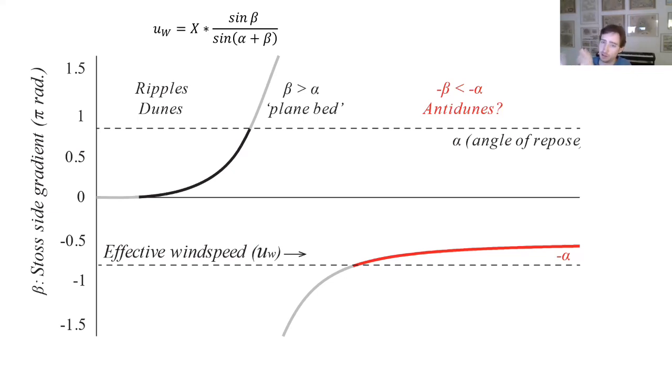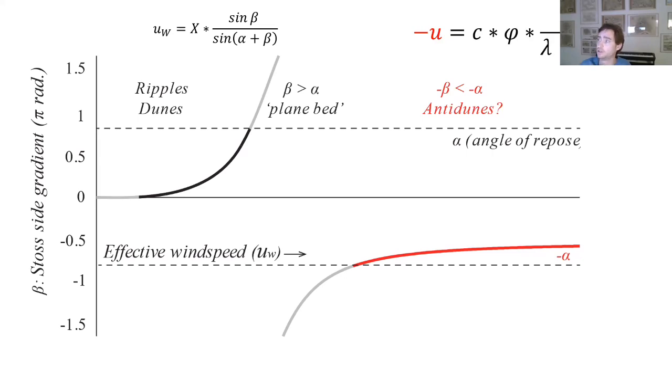Now, the specific characteristics of the trigonometric identity related to this equation show that it actually enters the domain of being shallower than the angle of repose in the negative part of the graph.